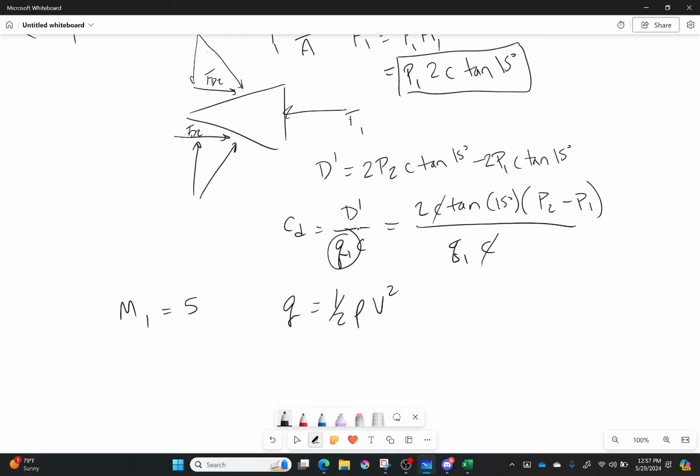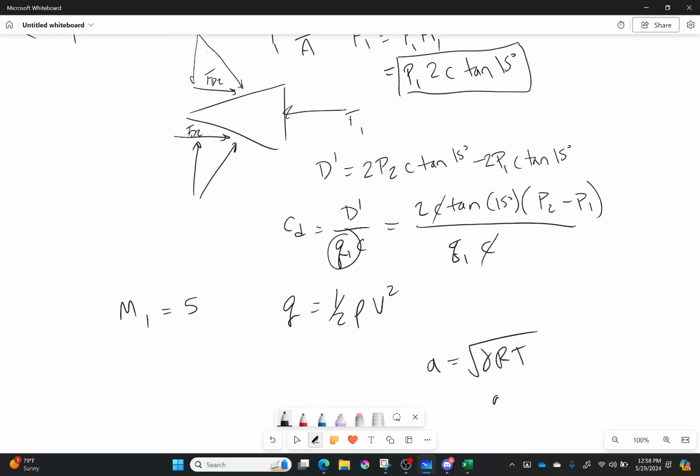So we're going to have to use some definitions here to help us, okay? So to do that, let's walk through this. First off, does anybody remember what the speed of sound is? Gamma RT, right?